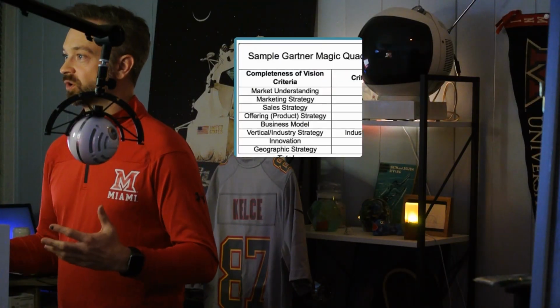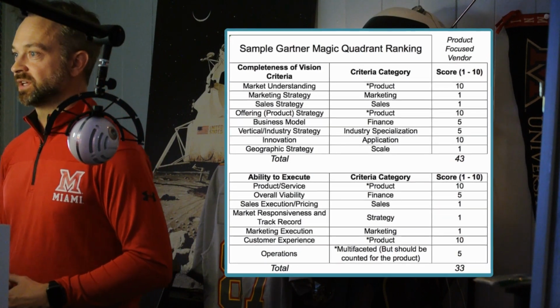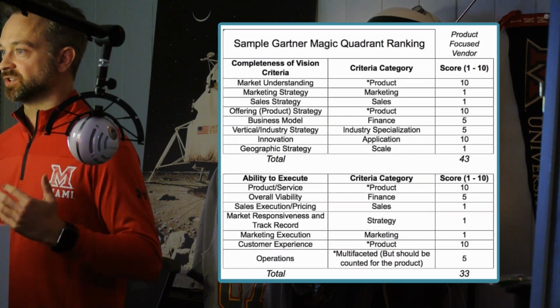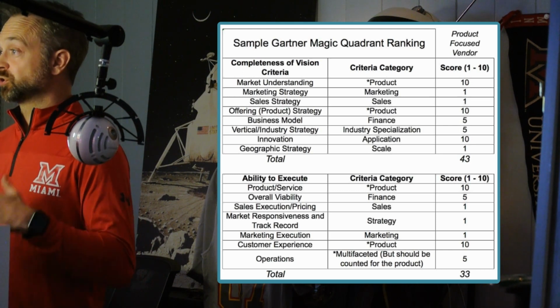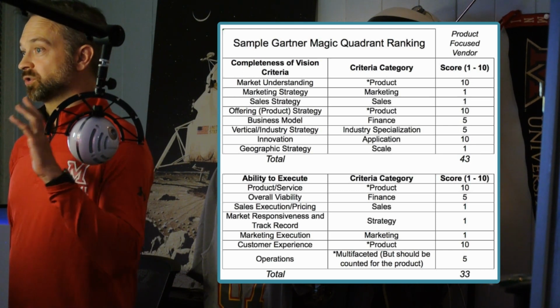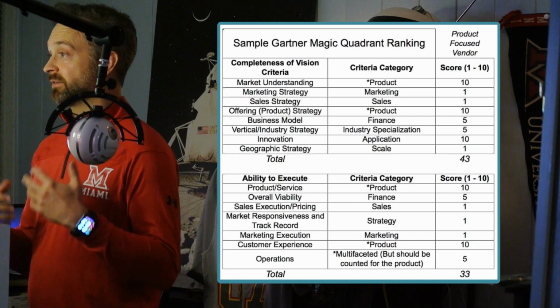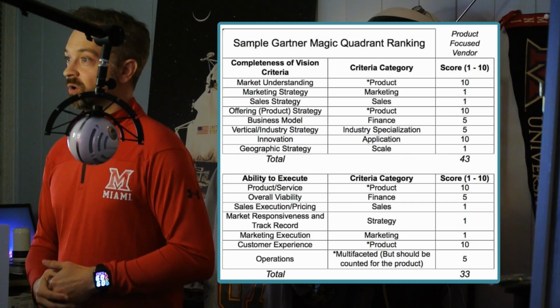So how would you create that matrix? You have a number of categories that you'll be looking at, things like an understanding of the market, the strategy, the completeness of their offering, their vertical strategy. Like Tesla having that whole vertical strategy to be able to have their own batteries, their own chips, a very complete strategy, very different.